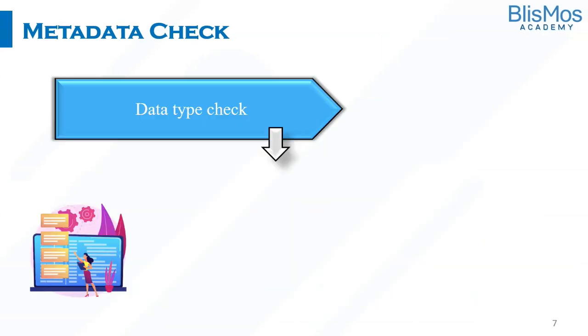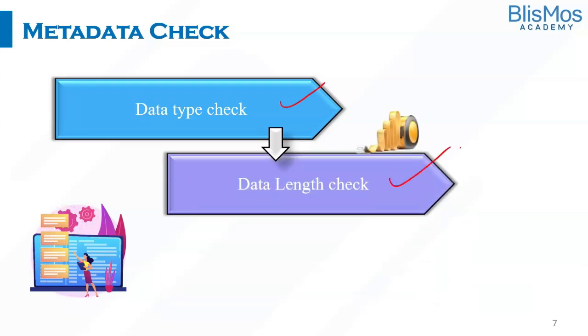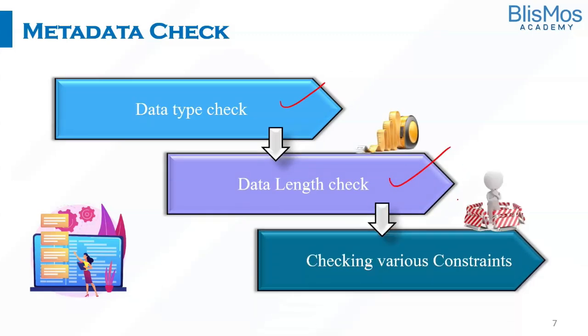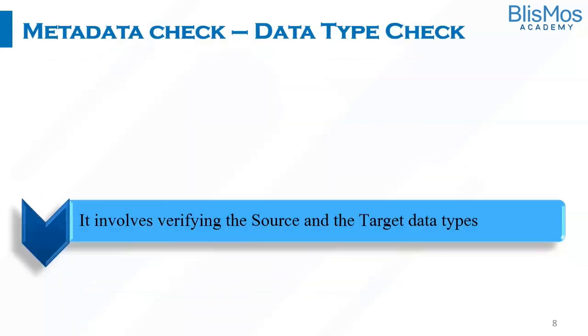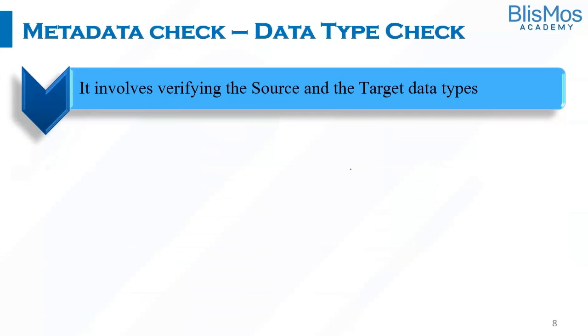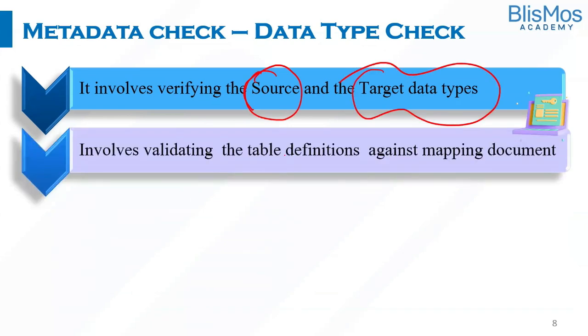At a high level, metadata check is done in three steps. One is data type check. The second one is data length check. And the third one is constraint check. What is data type check? As the name suggests, the data type check involves verifying the source and target data types. And also, what are the table definitions?